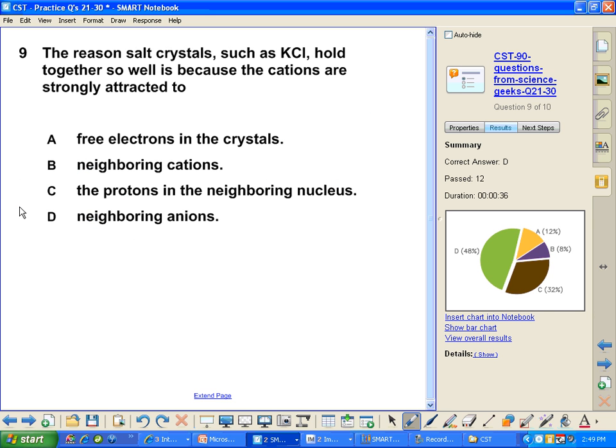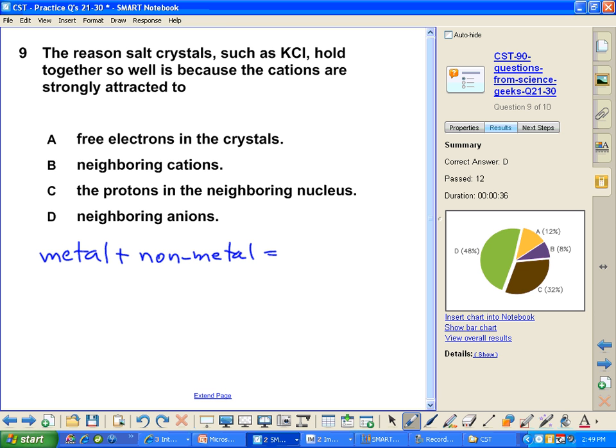All right. The reason that salt crystals such as potassium iodide hold together so well is, you might want to write this down, a metal plus nonmetal equals what kind of compound?